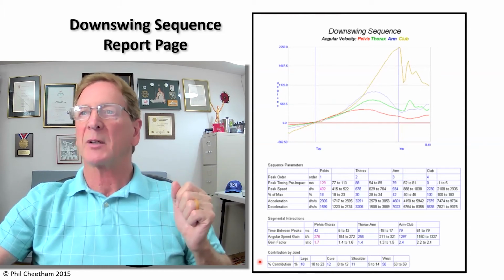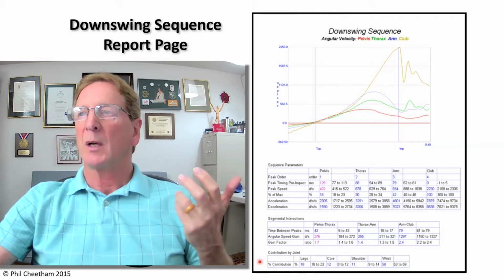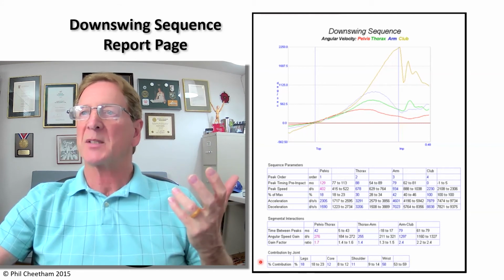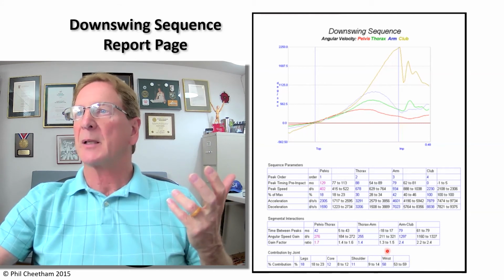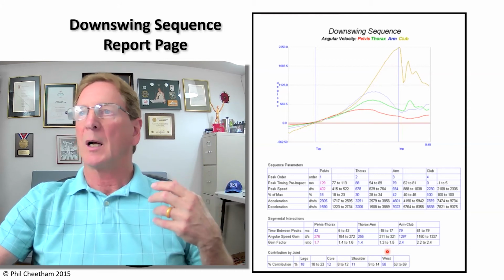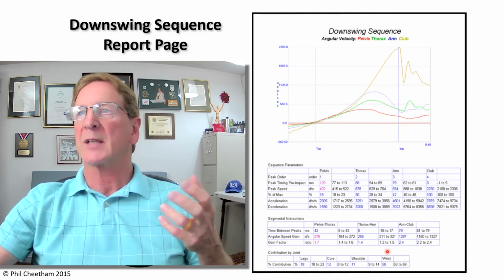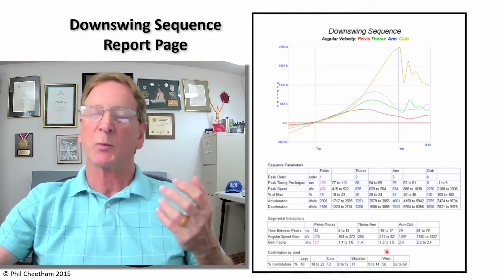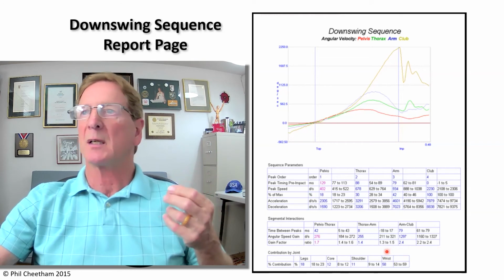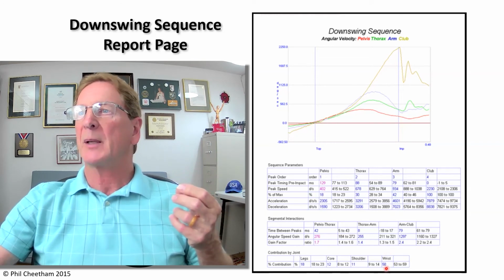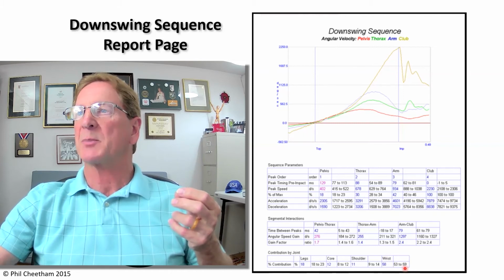Again, some good diagnosis tools that can tell you where most of the speed is coming from. So typically in a teaching pro that may be a little bit older, that hasn't been training quite as much as when he or she was still competing, we typically find that the wrist speed is where they gain most of their speed from. But in the younger players, we see a lot more coming from the body.